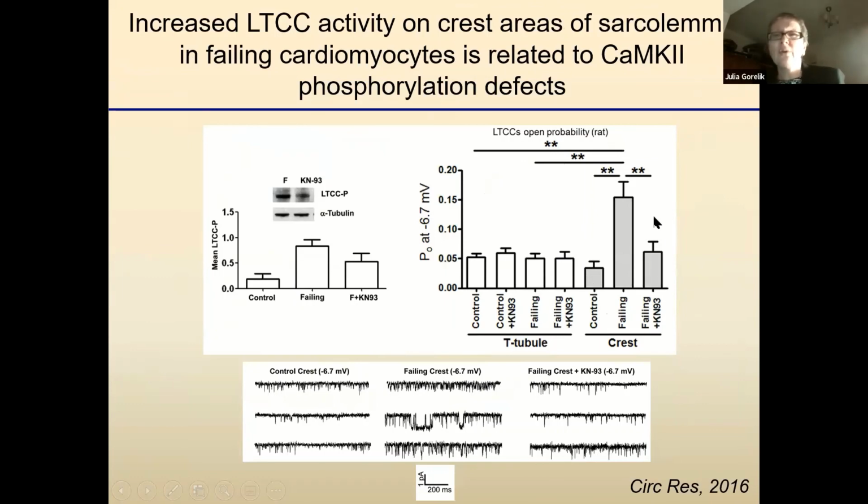During infarction and in the failing heart, we have high open probability channels. In order to check the phosphorylation of the channels, we try different blockers. In different patients' cells, our blockers are different. We can block PKA, we can block CaM kinase. And in different diseases, we have different blockers.